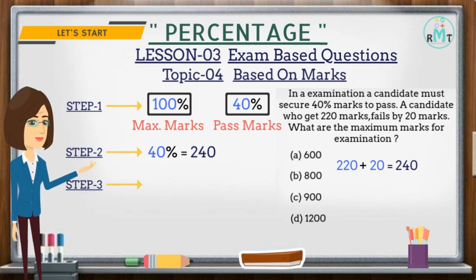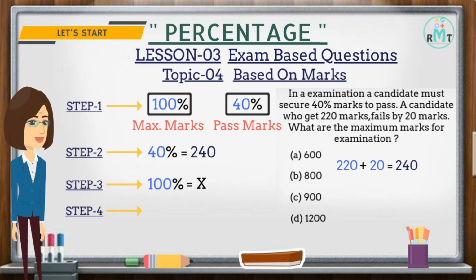Step 3. Next our target is to find the maximum marks for the examination. And in step 1, we assumed the maximum marks equal to 100%. So we write 100% equal to X. Step 4.